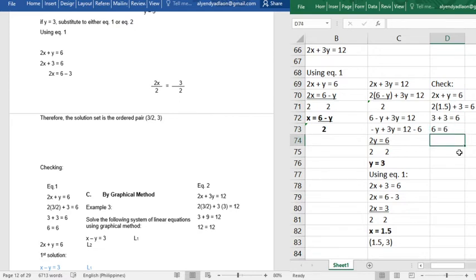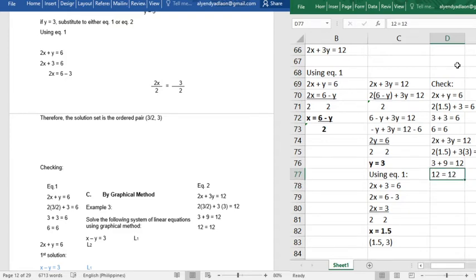Now how about using the second equation? Our second equation is 2x plus 3y equals 12. Now 2 times 1.5 plus 3 times 3 equals 12. 2 times 1.5, that is 3, plus 3 times 3, that is 9, equals 12. 3 plus 9, that is 12, equals 12.